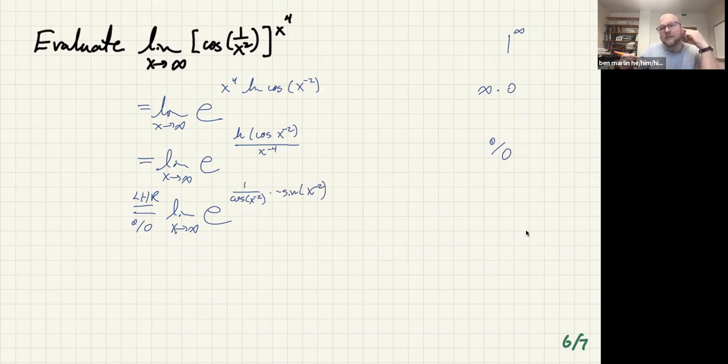And then the chain rule says we have to take the derivative of that, and we'll end up with a minus 2 x to the minus 3. All that divided by minus 4 x to the minus 5.